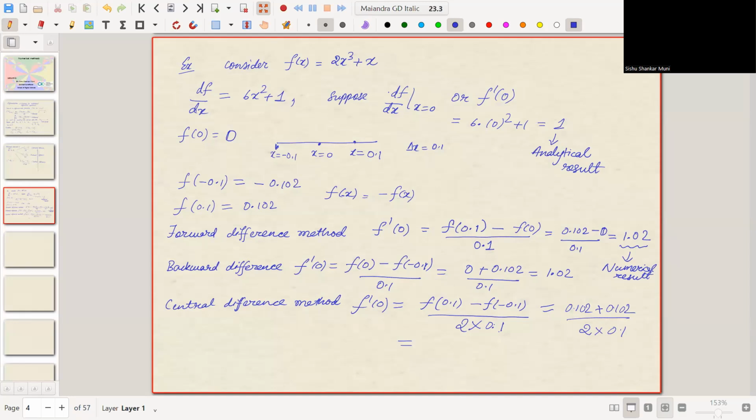Yeah, it's the same. So here we are getting the same output whichever method we consider.